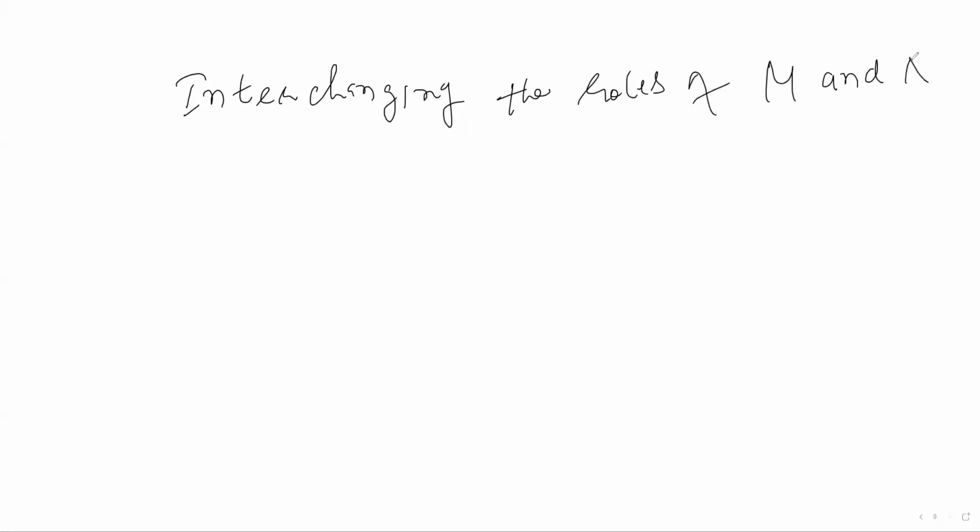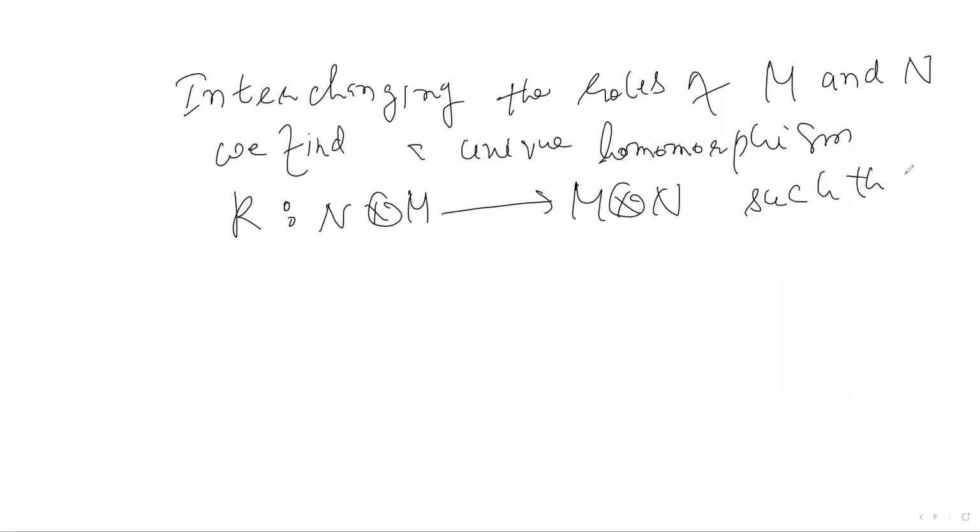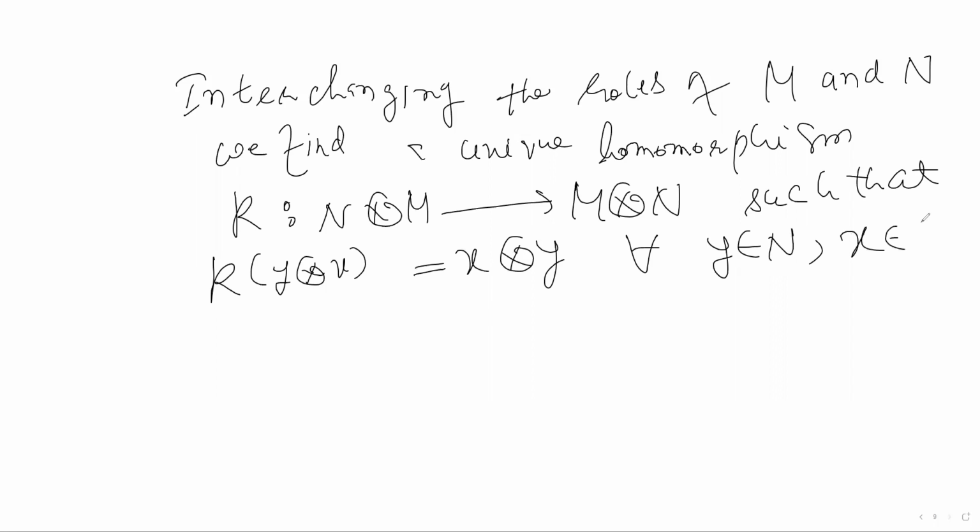Now interchanging the roles of M and N, we find a unique homomorphism k from N tensor product M to M tensor product N, such that k of y tensor x is x tensor y for all y in N, x in M.